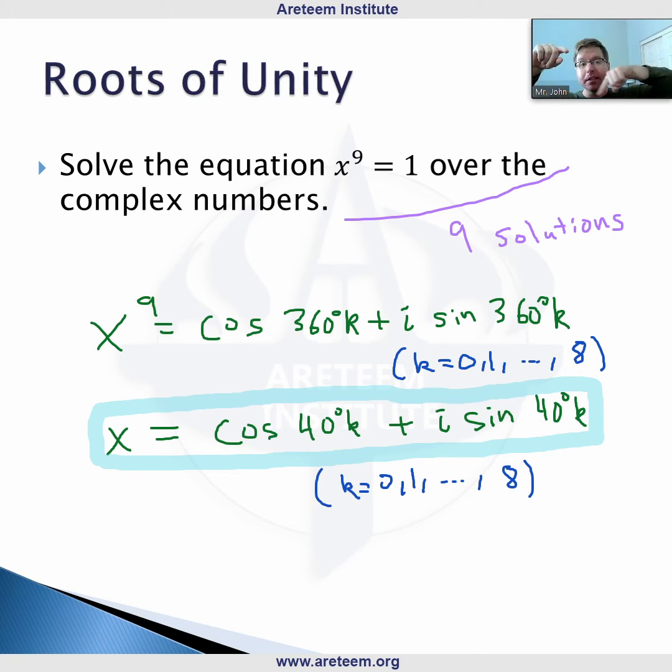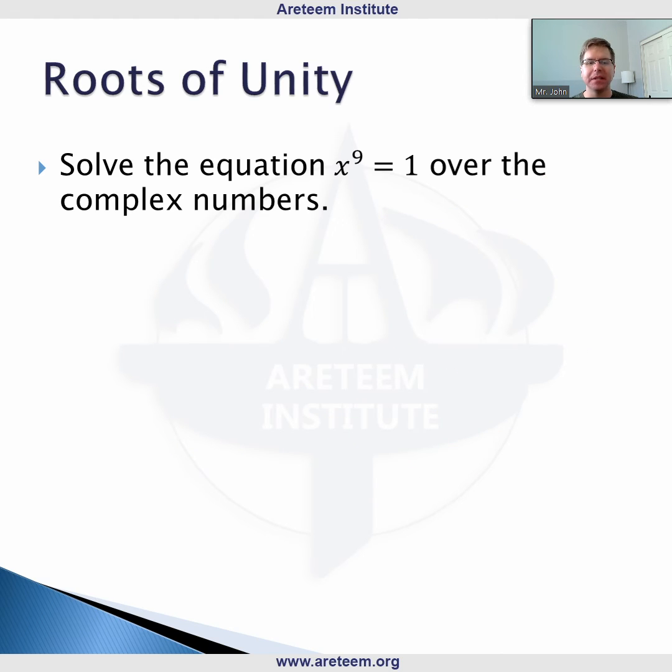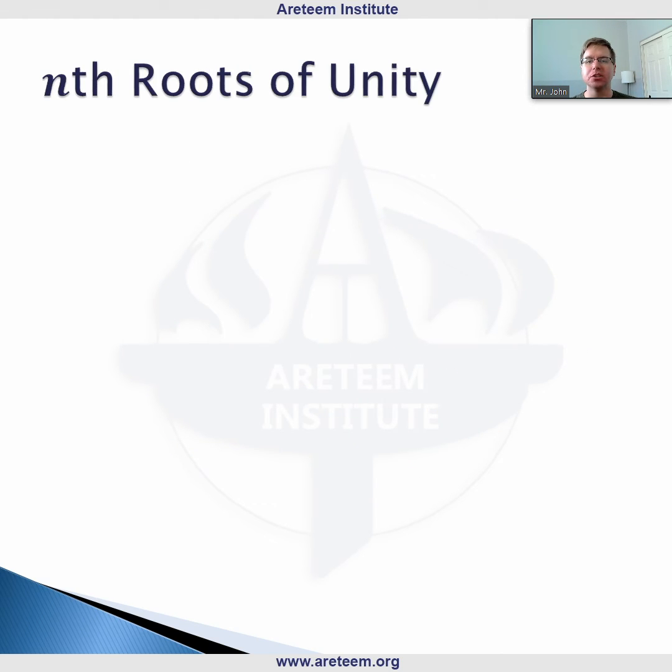And it is good to think about those angles as spaced around the circle. Our 9 roots are going to all be points spaced around the circle because they're all modulus 1 and arguments are multiples of 40 there. To wrap this up, just note that this general thing works always.